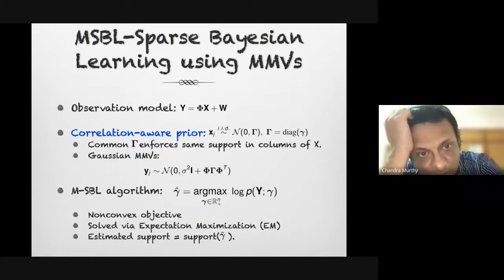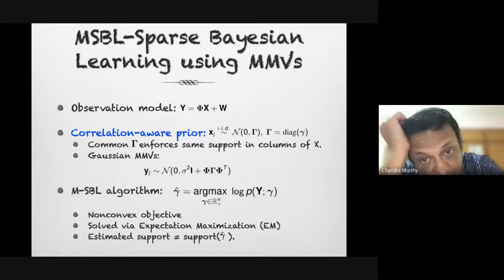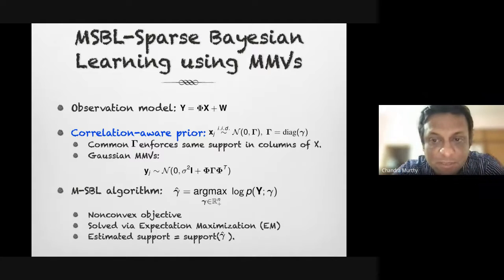So now coming back to this observation model, we have Y equal to phi times X plus noise. And Y is a set of L columns, and phi is an M by N matrix, and X is an N by L matrix, which has this joint sparsity structure, and W is the noise matrix. And we want to recover X using Y and phi.